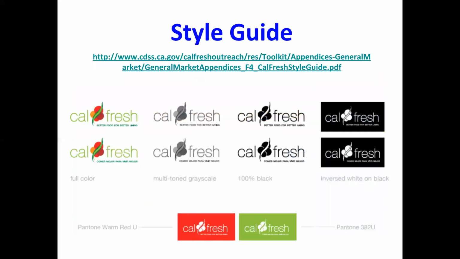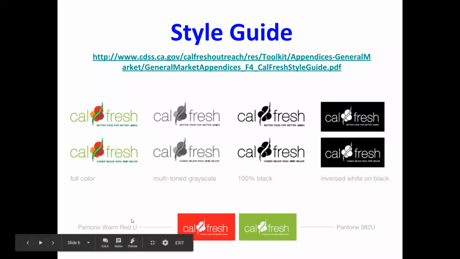Okay, so CDSS, California Department of Social Services, has also put together a style guide. And so this is definitely a good place to start if you're not familiar with doing social media or creating flyers, things like that. There's all of these different options for the logos.